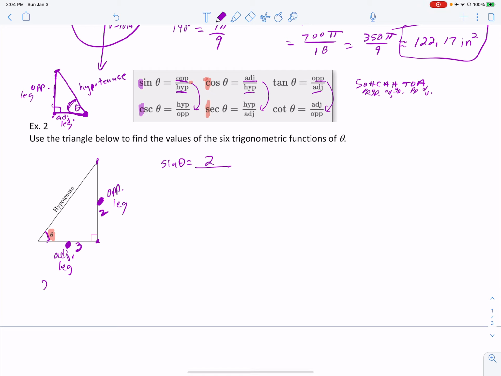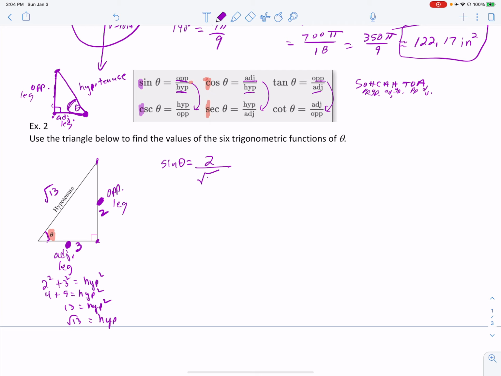And then we're going to do the same thing. 2 squared plus 3 squared equals that hypotenuse squared. A squared plus b squared equals c squared. And we get 4 plus 9 equals the hypotenuse squared, or 13 is that hypotenuse squared. Or the hypotenuse, take the square root, the positive, is going to be root 13. So I'm going to write that in there.